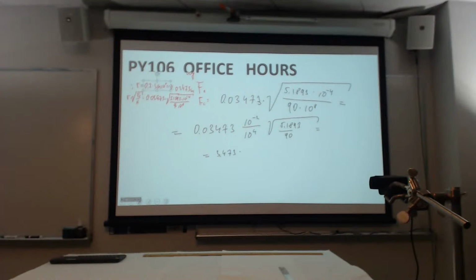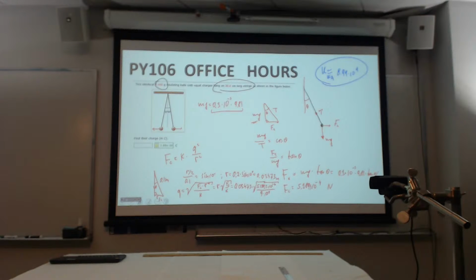Okay, times, let's go to this. Square root 5.1893 over 19.2 times 3.49. Oh, that's not that.